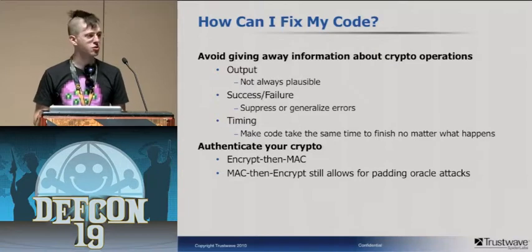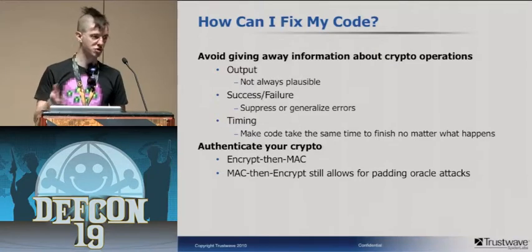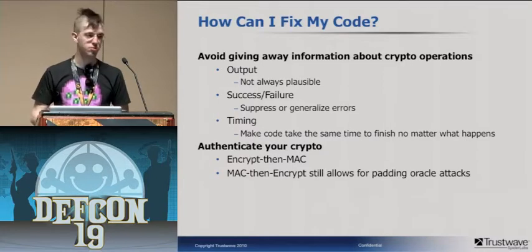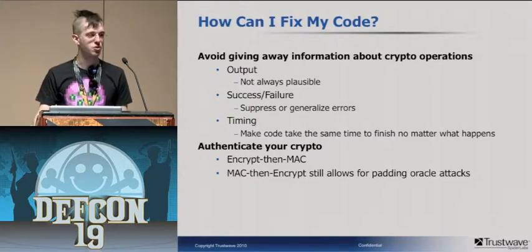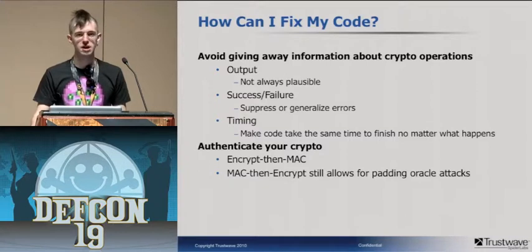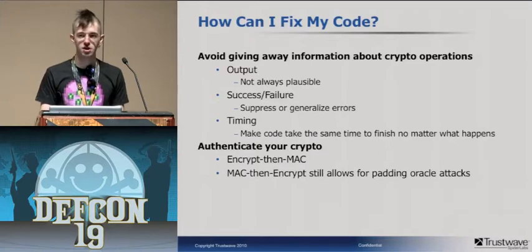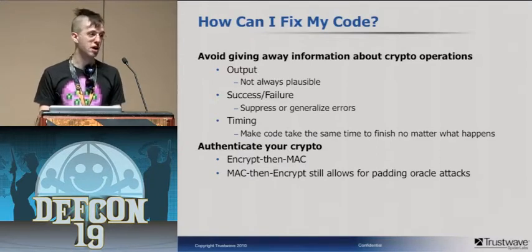Also, authenticating your crypto is a good idea. Encryption is good, but if people can fiddle around with the message and end up with a valid output, a valid ciphertext, it will still be subject to whatever operation it was going through before. And in some cases, it doesn't matter what the plain text actually is. So, for instance, if you have an encrypted value which represents the amount of money you have in your bank account, your chances are pretty good of getting something better than 0.